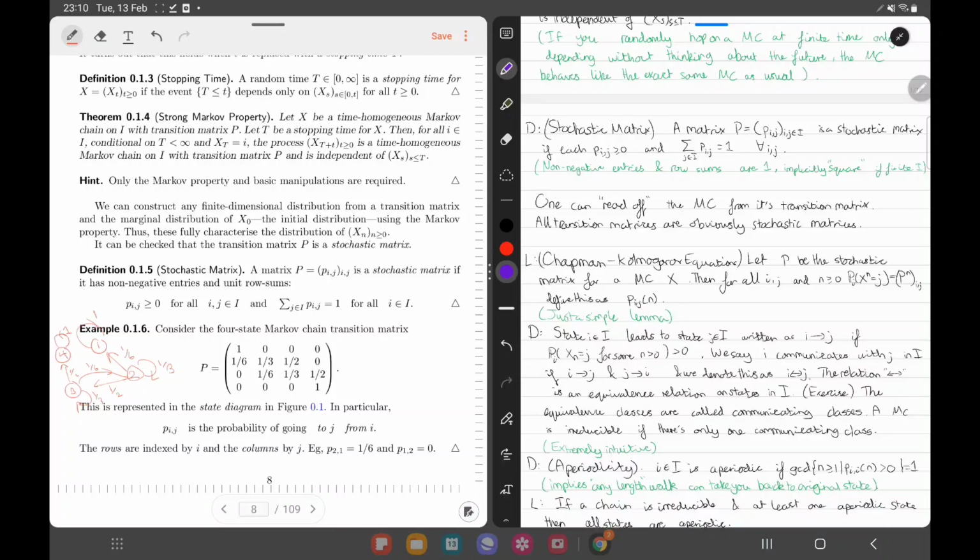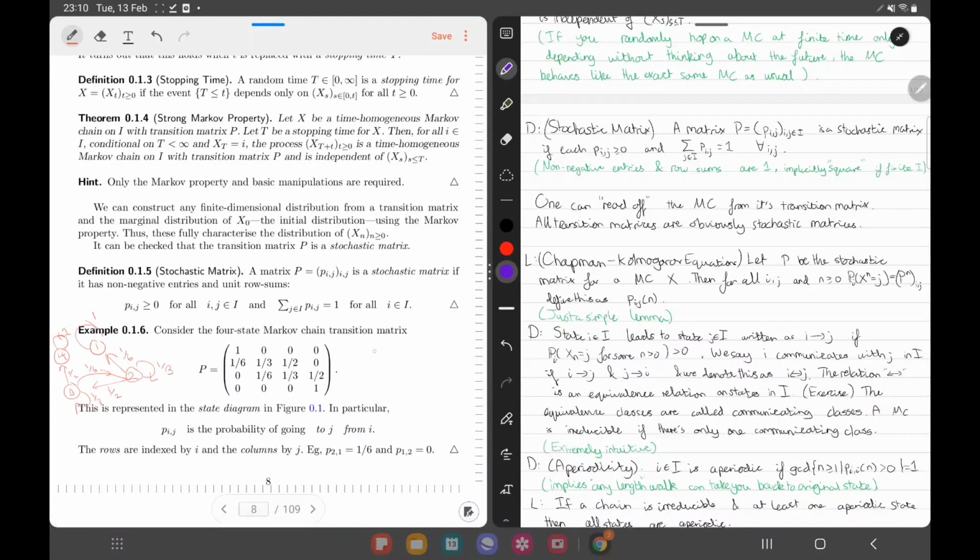I is only assumed to be countable, which means that you can have something like an infinite matrix, with zeros here, zeros here, and more states here, and then sort of the same thing on top.